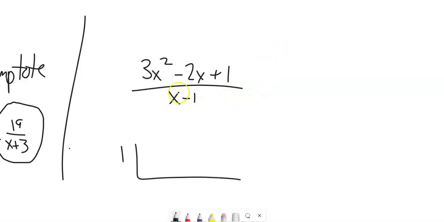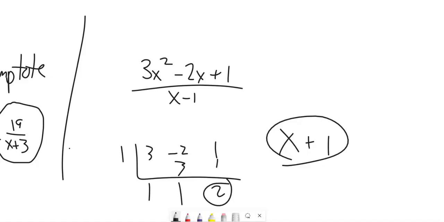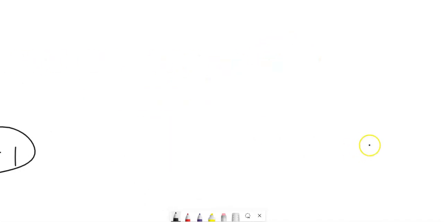Grab the 0, doing that synthetic division. 3x squared negative 2x plus 1. Bring it down, multiply, add, multiply, add, there's a remainder 2. So the slant asymptote is at x plus 1. And then I can do all the rest of my analysis that we were doing before as well.